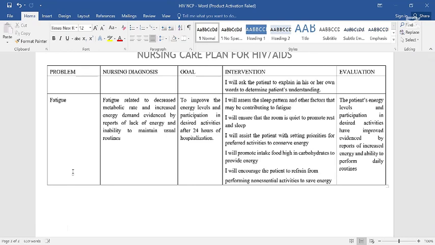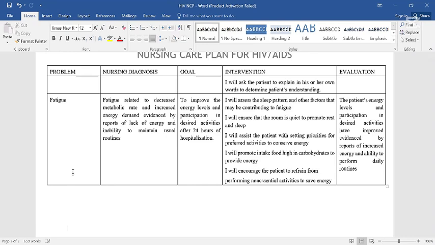Number one, I will assess the sleeping pattern and other factors that may contribute to fatigue.